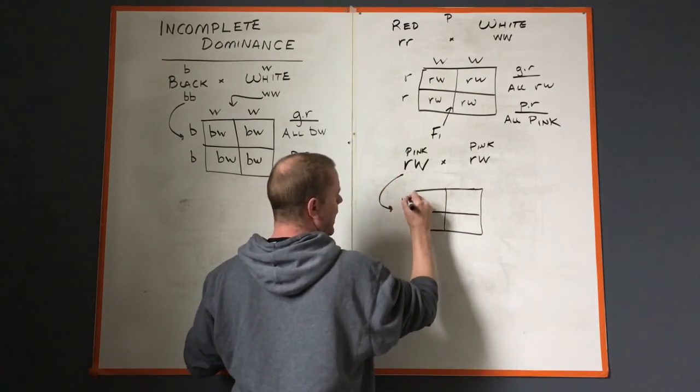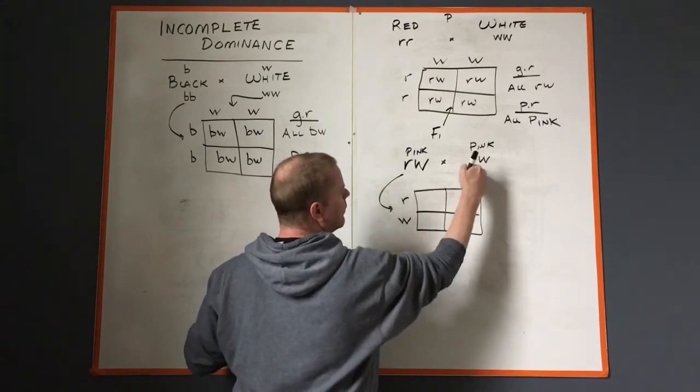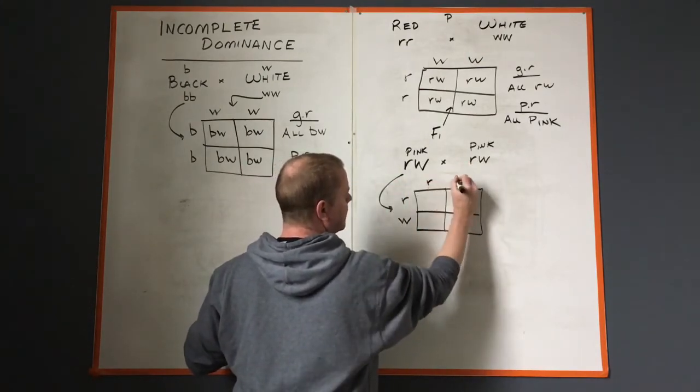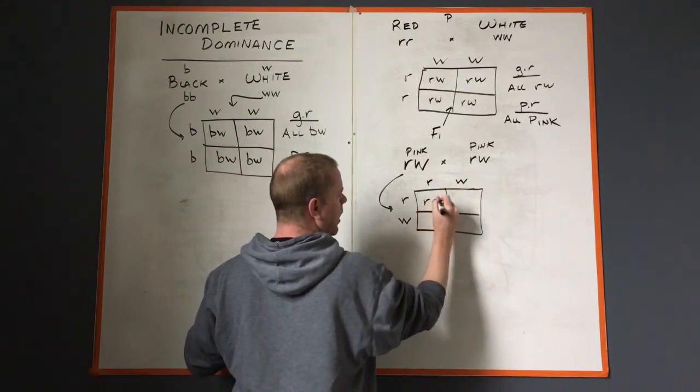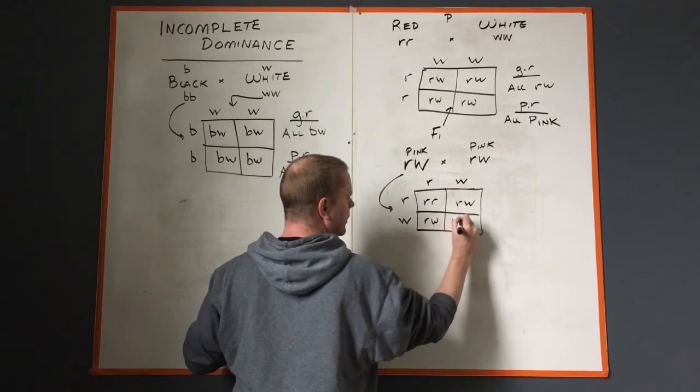Well, 50% of the time R, 50% of the time W. Okay? So here we go. So we end up with an RR, RW, RW, and WW.